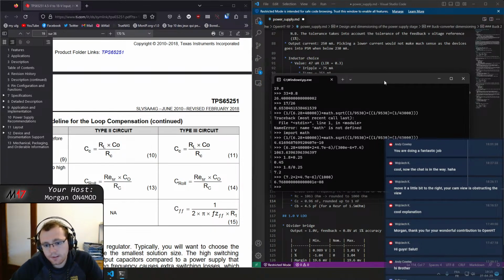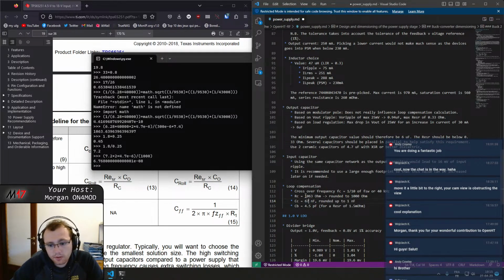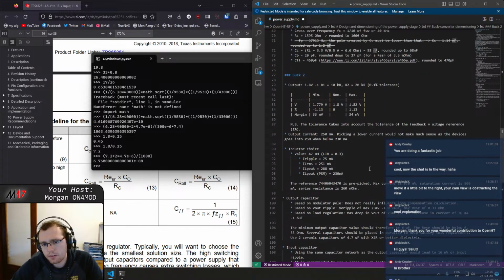Then we have 67 nanofarad. Closest value is 63, I think.